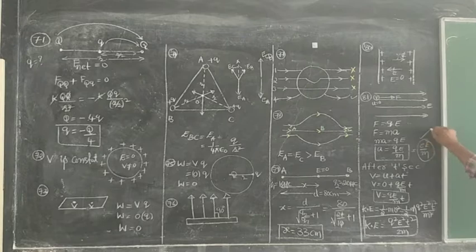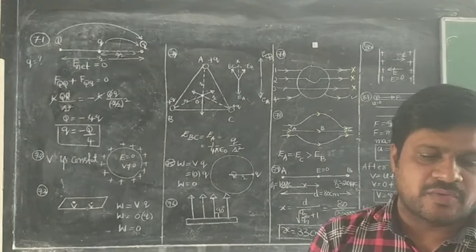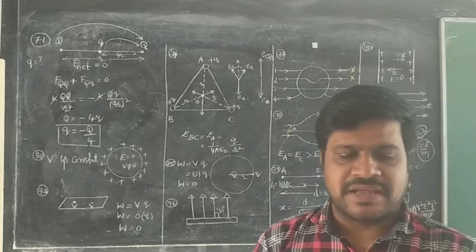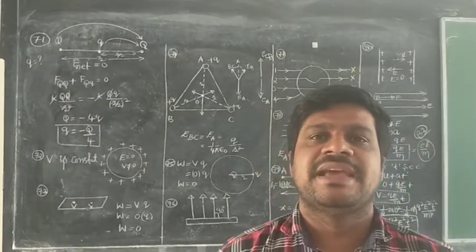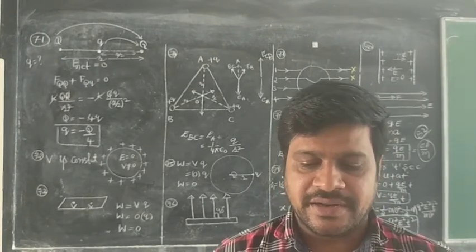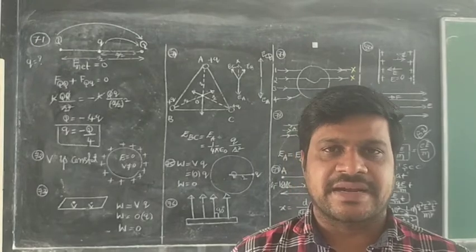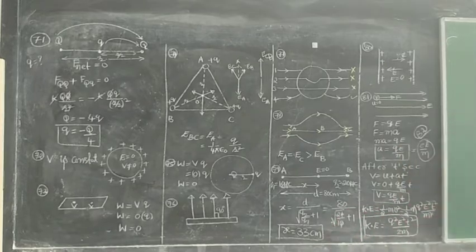So this is the acceleration of the electron in the electric field. Write a equals e into E divided by m, which is the acceleration of the electron in electric field E. Now this is the 82nd one. For this one the option is C itself. Yes, make a note.